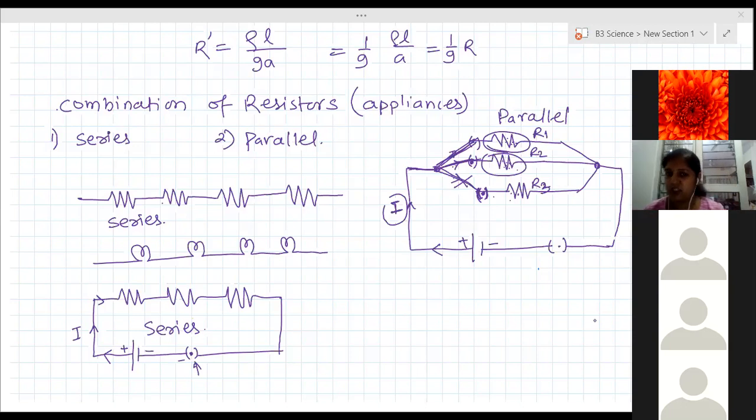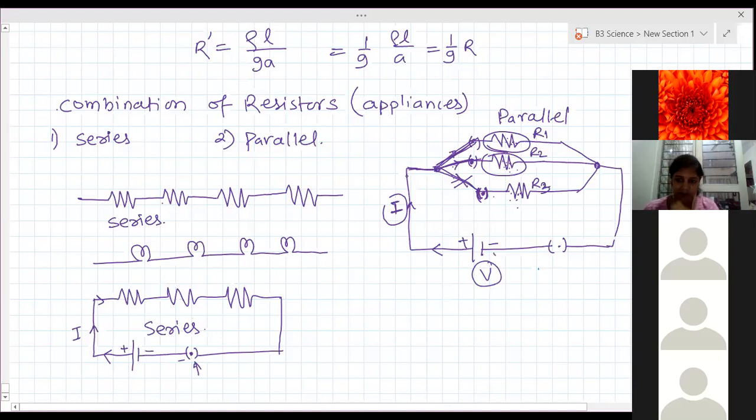In a parallel combination, they are independent of each other. They are connected in parallel across the same potential difference V, so the potential difference across each resistor remains the same. The value of V won't change across each.